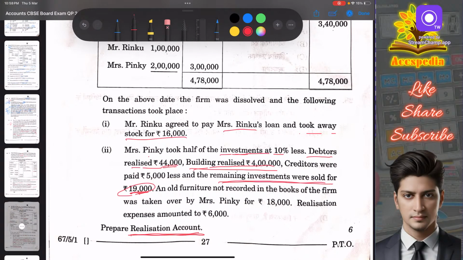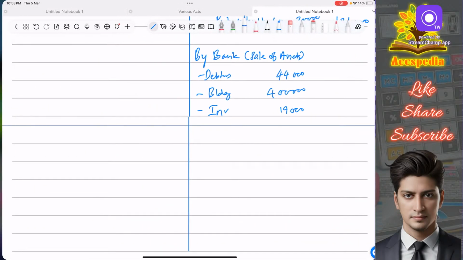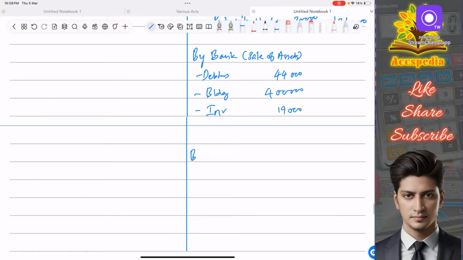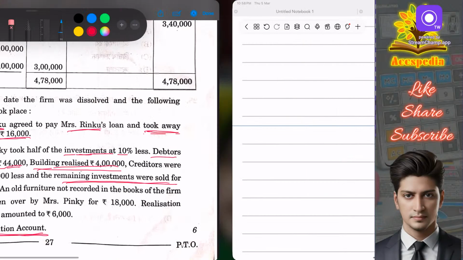Here Mr. Rinku took away stock of 16,000. Journal entry for this is Mr. Rinku's capital account to realization account. So go to credit side of realization and write by Mr. Rinku's capital.